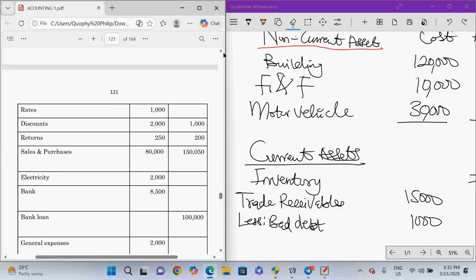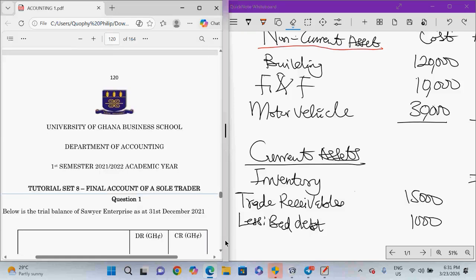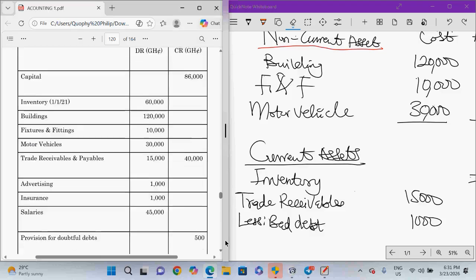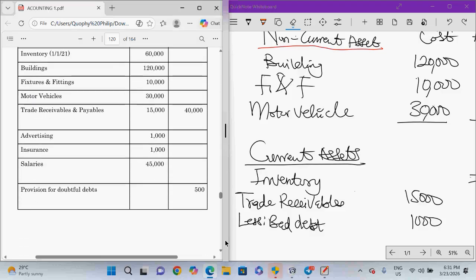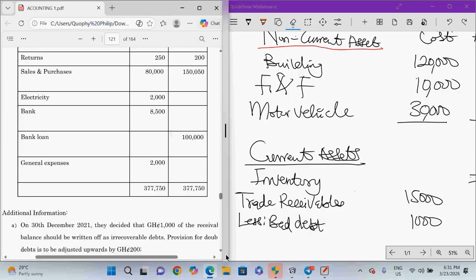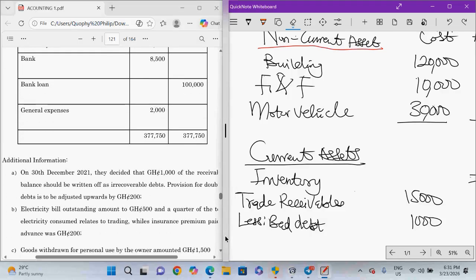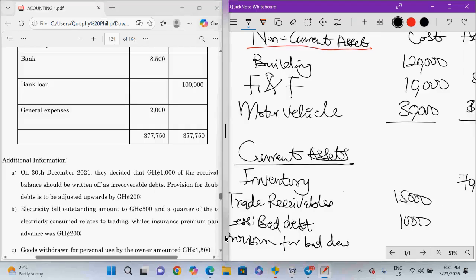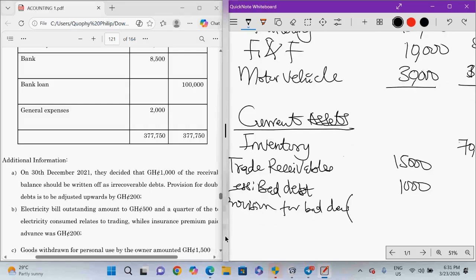So do you have provision here? Provision for doubtful debt. How much is it? 500. And they are saying it will increase by 200, so in total we have 700. That is the 200 plus 500. What do you have? 700.